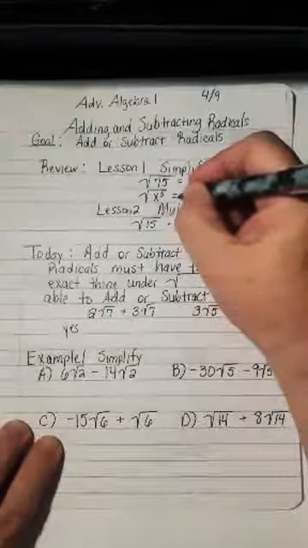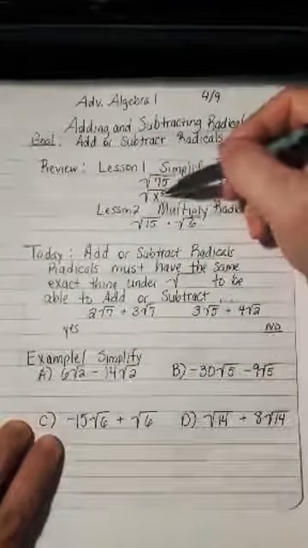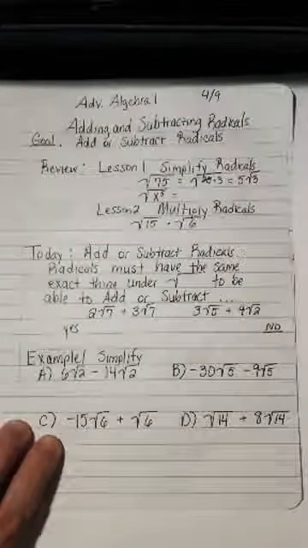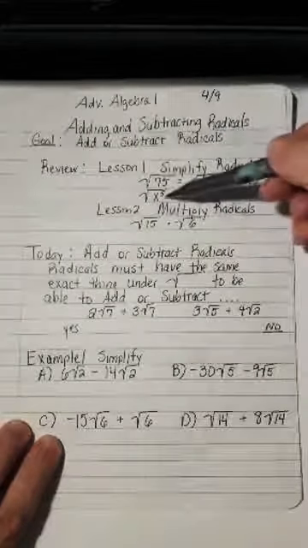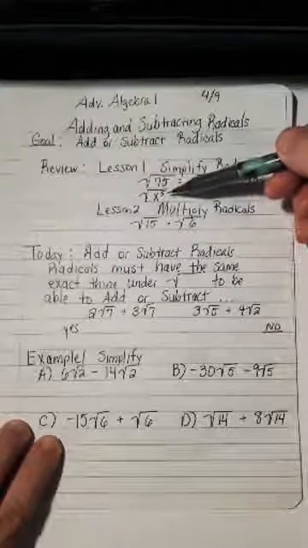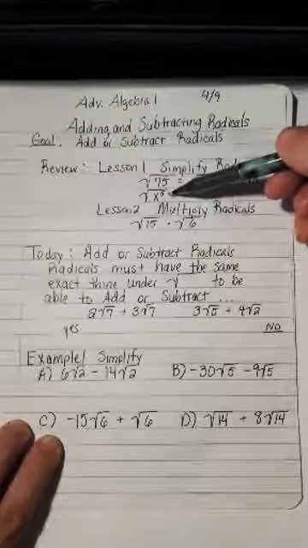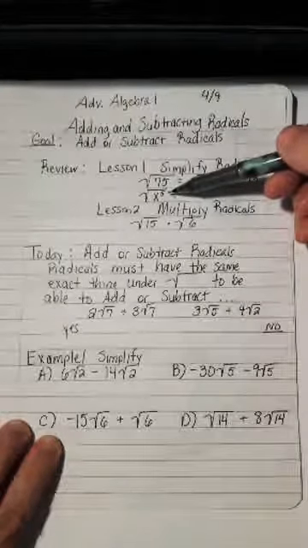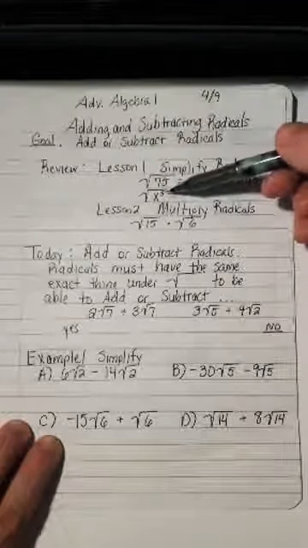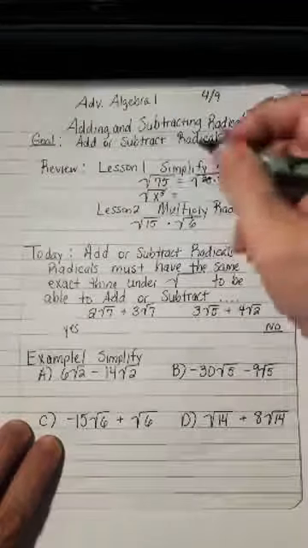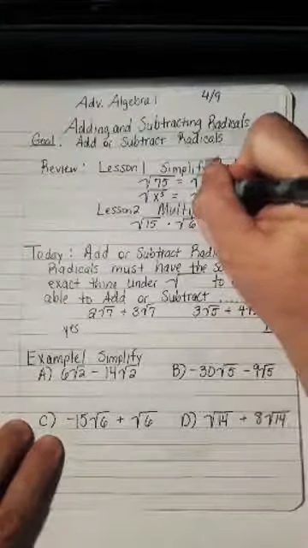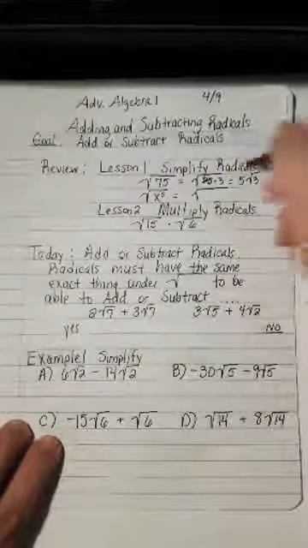Next, we did the same thing except with variables, like the square root of x to the 5th. Remember the perfect squares for variables are when they have even exponents. If they don't have an even exponent, you have to break it down as 2 factors, and one has to have an even exponent with it.